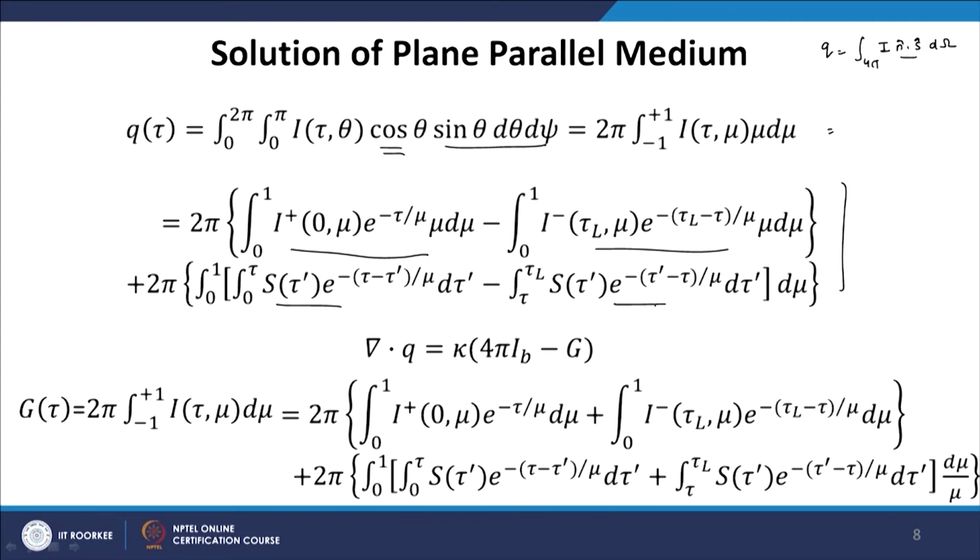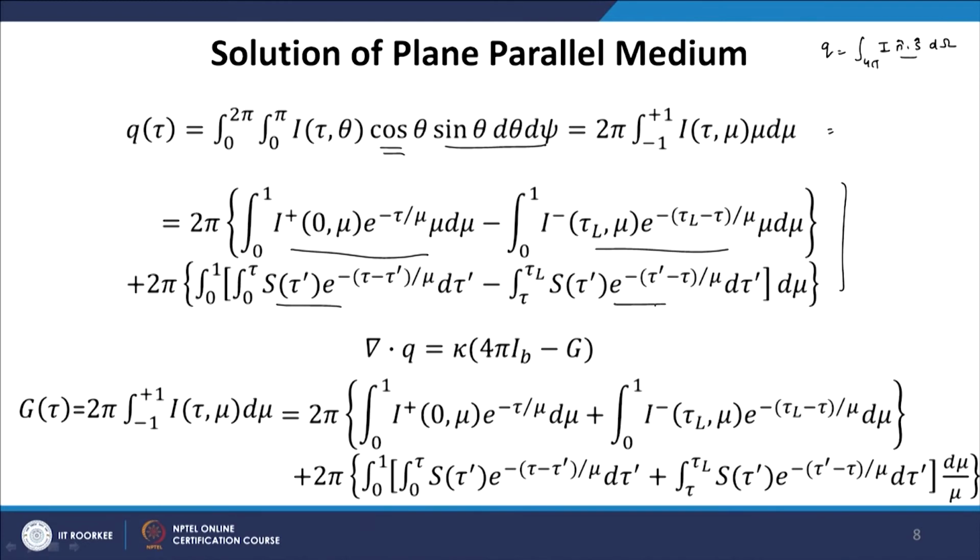So, the solution for this plane parallel plate configuration has been found analytically in this form, although there are still some integrations appearing here, especially the integral in the source term with e to the power minus τ'. These integrations have to be found before we actually have a closed form solution.